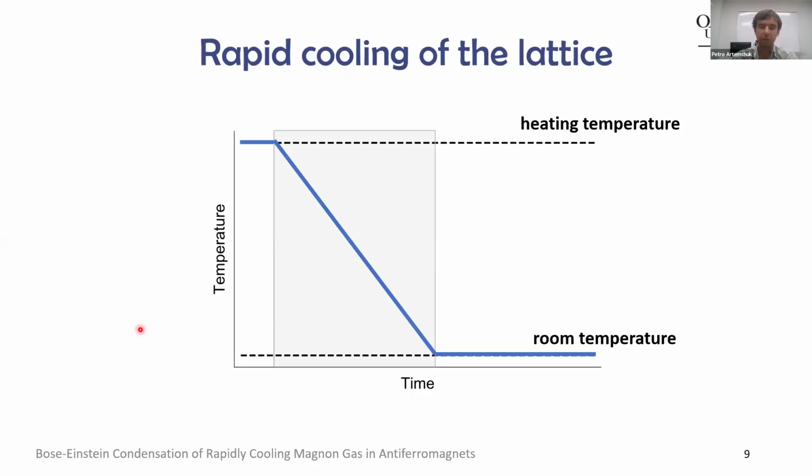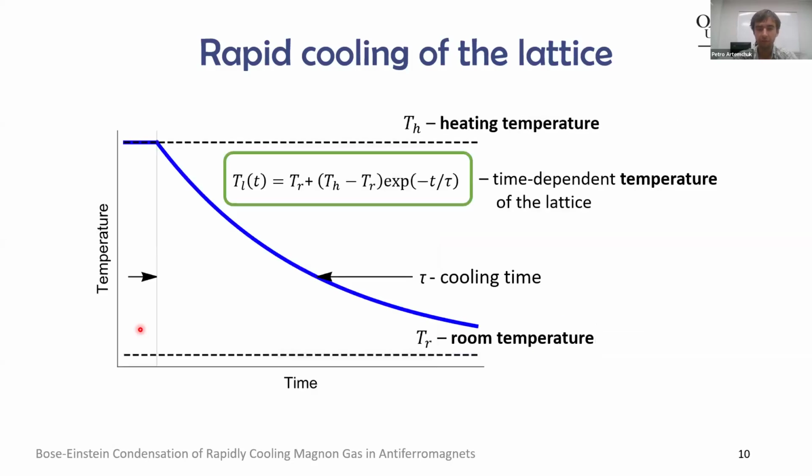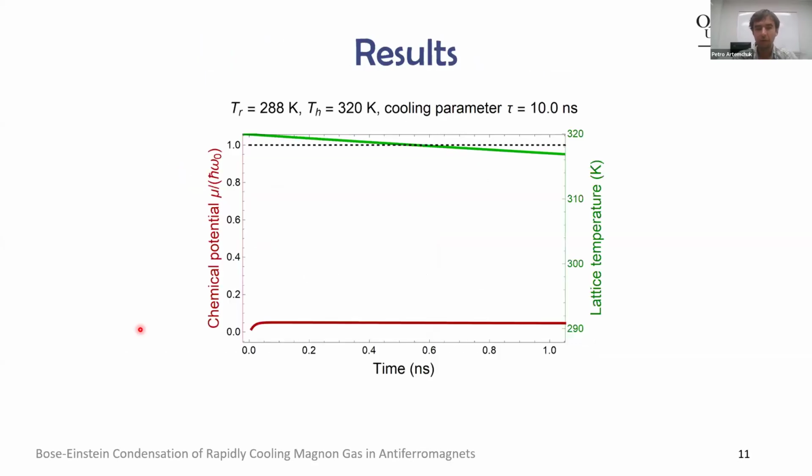However, the cooling of the antiferromagnet must be very fast, and at these small times, the peculiarities of cooling can be important. We utilized exponential cooling instead of linear, with the specific cooling time shown here.